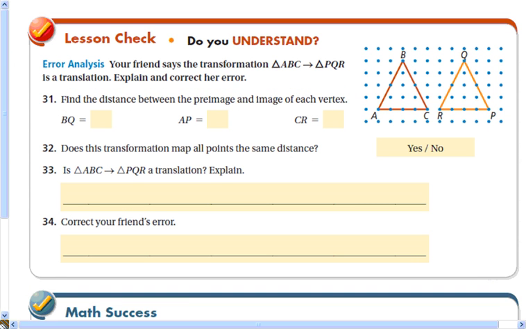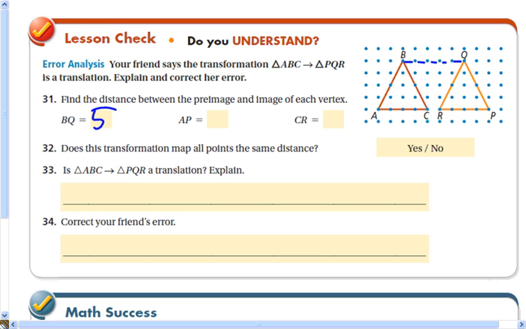And the lesson check, error analysis. Your friend says the transformation of triangle ABC to triangle PQR is a translation. Explain and correct the error. Find the distance between the pre-image and the image of each. So if we go from B to Q, that distance is 1, 2, 3, 4, 5.